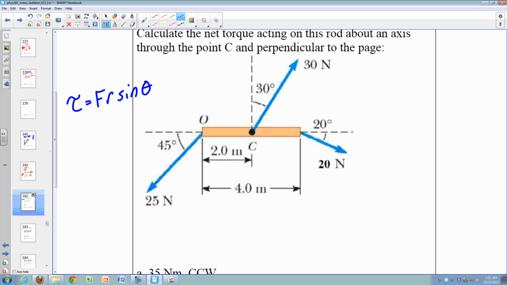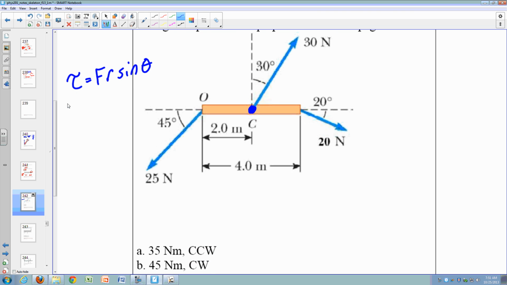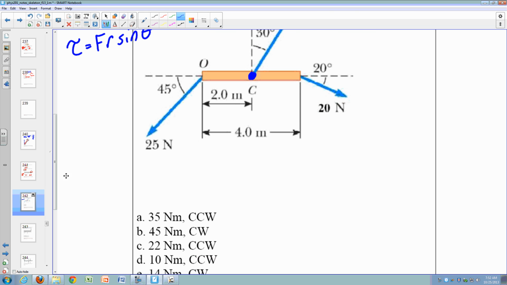In this case, your bar, which we'll take to be massless, or it doesn't matter actually, is rotating about the point C. So it's rotating like this, about that point, in some direction. We don't know what direction it's rotating. Let's see, I'll rewrite the options up here so you can see them.